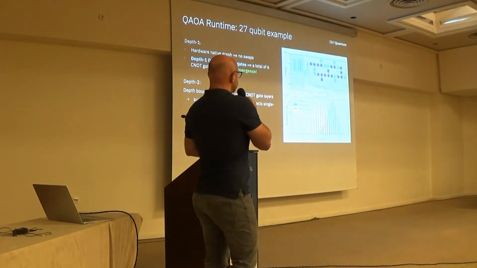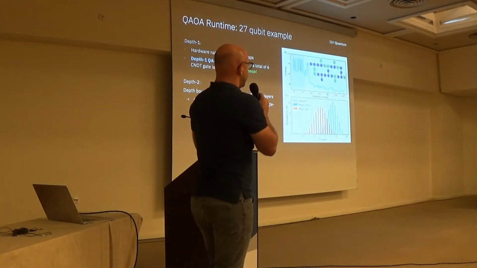We did this for a 27-qubit example, where we used a hardware-native graph. So this is the coupling map of the hardware, and the cost function has exactly the same structure. We did a max cut problem on that with signed edges, so the edges have plus minus 1 weights.